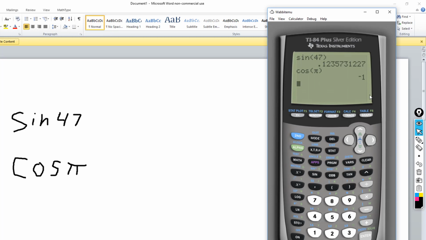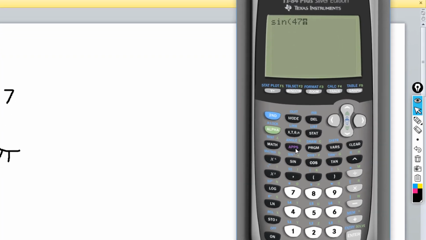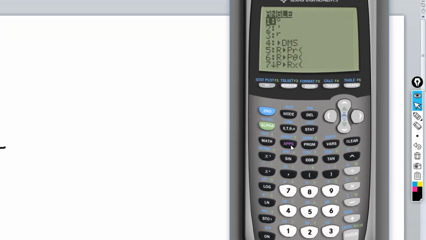Okay, now let's clear this. I do this, I hit sine of 47, and go to second, and then hit the angle menu there.